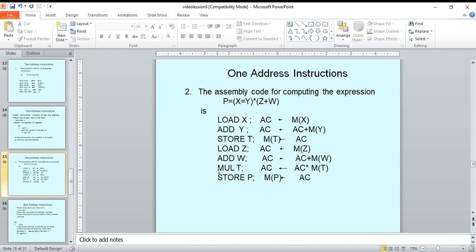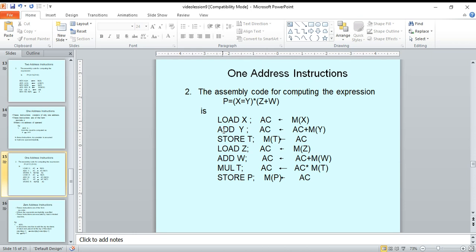We are transferring the data from the memory location to the accumulator register, so for that you use the instruction load x. M of x is the memory location x, which stores some data, and that data is transferred to the accumulator register.